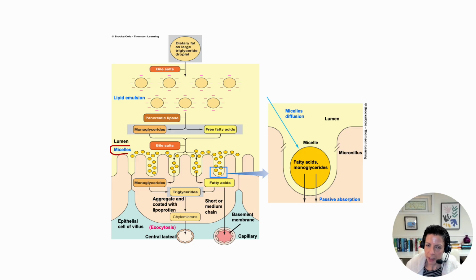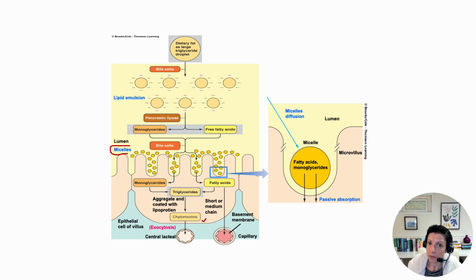And so this is where it becomes a little strange, because once inside that mucosal cell of the small intestine, the digested fat actually reforms triglycerides. And those triglycerides get repackaged by those cells of the small intestine into these lipoproteins that are called chylomicrons.